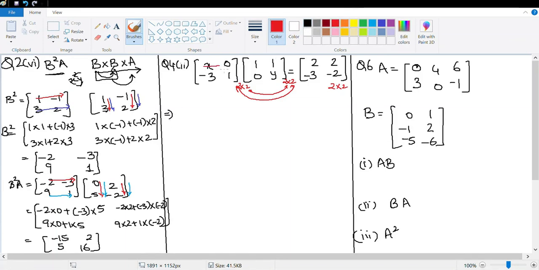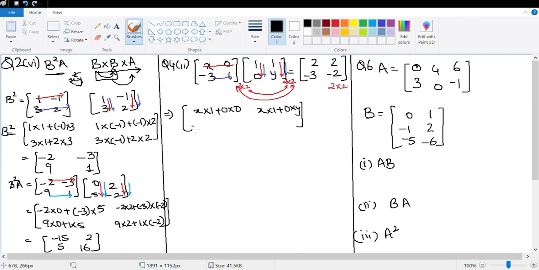So let's multiply and see how it works. Again, row 1 will first get multiplied with column 1, then with column 2. Then row 2 will get multiplied with column 1 and then with column 2. I think it will give me some form of simultaneous equation or a simple equation. So x into 1 plus 0 into 0, and x into 1 plus 0 into y.